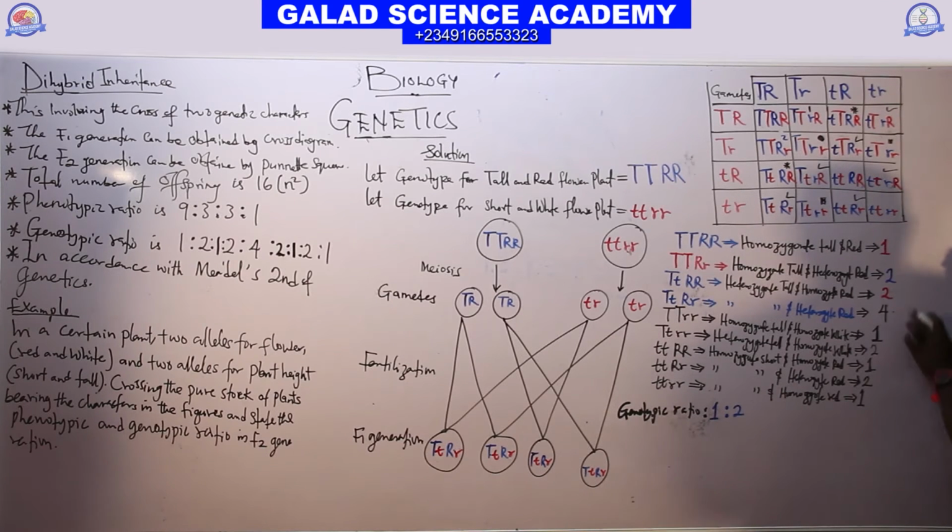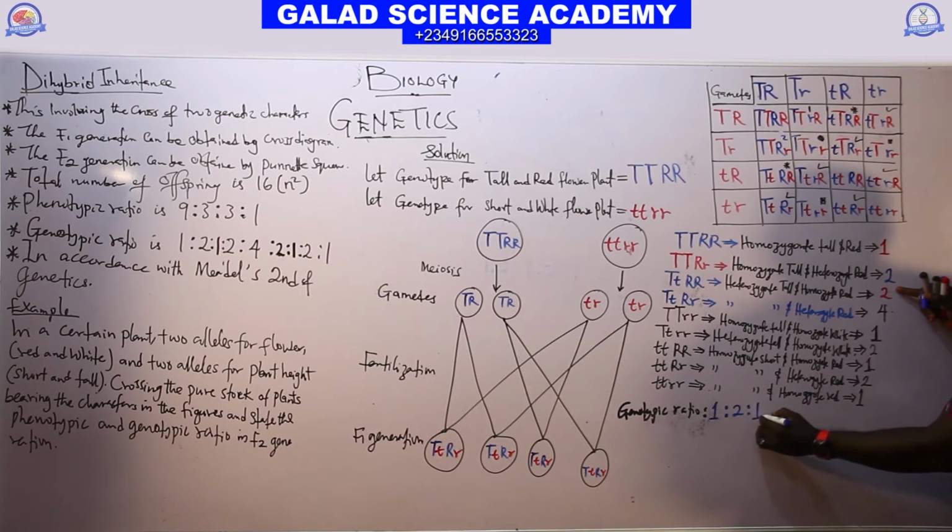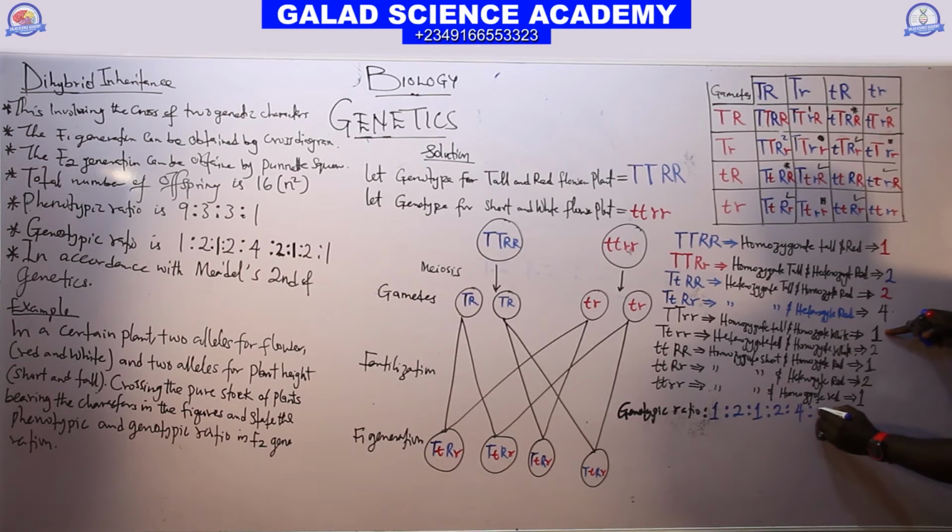It will now be 1 ratio 2, then ratio 4, then ratio 2, ratio 1, ratio 2, ratio 1. This is the genetic ratio.